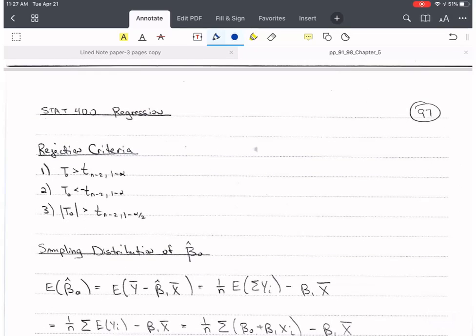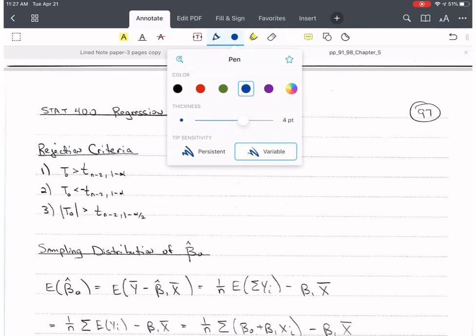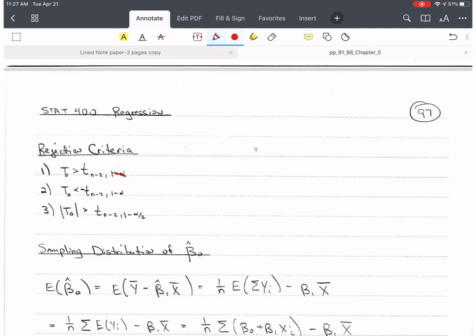Rejection criteria is, again, I've written these as a different book has them, so I need to correct the notation. That would just be alpha, and this would be alpha over 2. So we've got the t n minus 2, the degrees of freedom for our SSE, and alpha. So for the one-sided we have alpha, and for the two-sided we have alpha over 2.